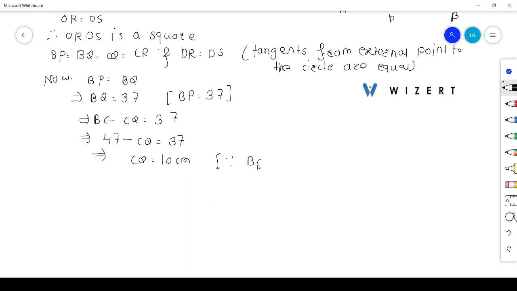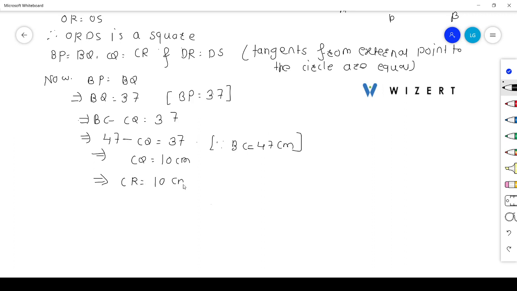BC equals 47 centimeters, we have given that. CQ is 10 centimeters. Now, CQ equals CR.